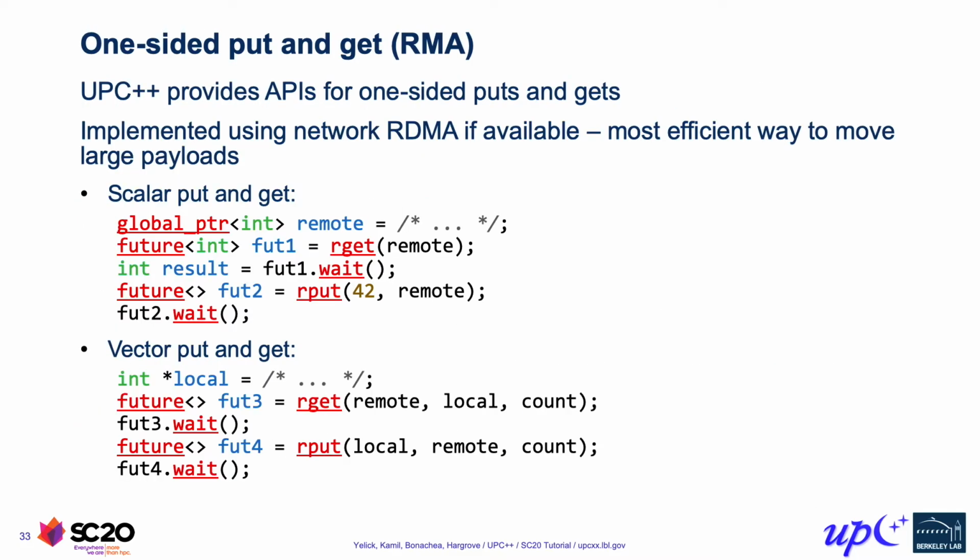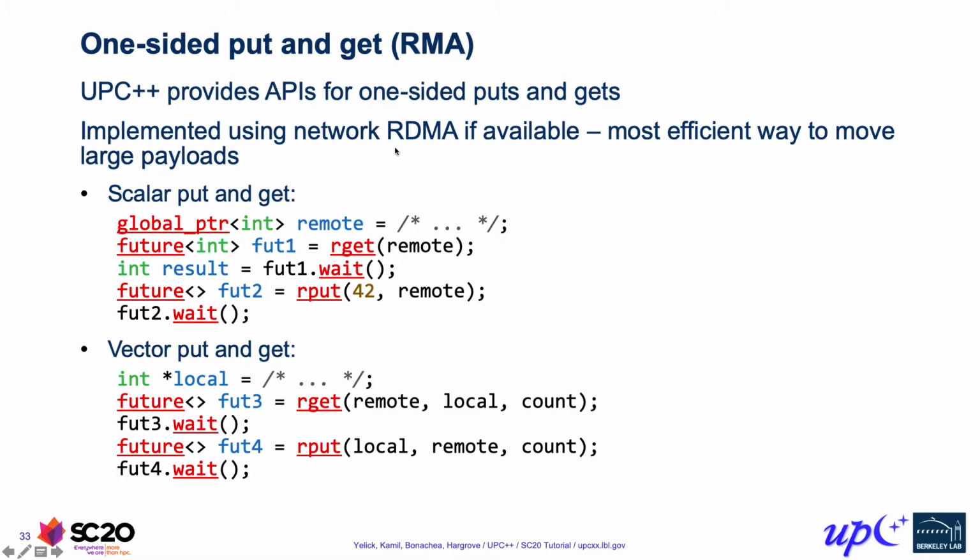The other fundamental communication operation is one-sided put and get, and this is where we get the PGAS model for UPC++. UPC++ provides APIs for one-sided puts and gets, and the implementation uses the fastest available network protocol. So if the network itself supports remote direct memory access, then UPC++ put and get uses that.